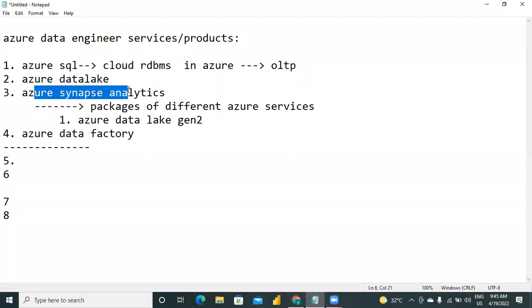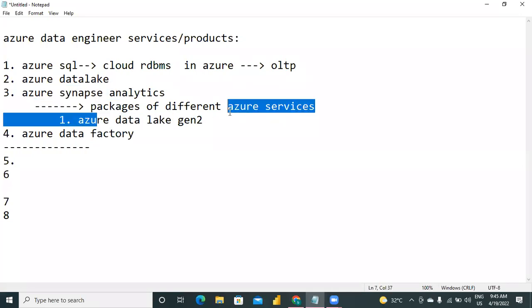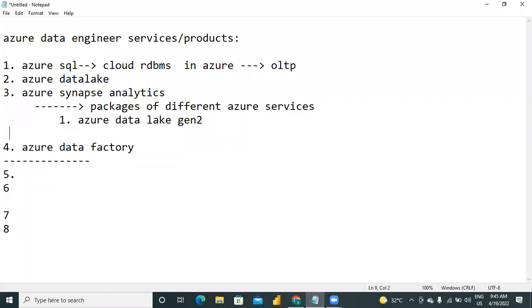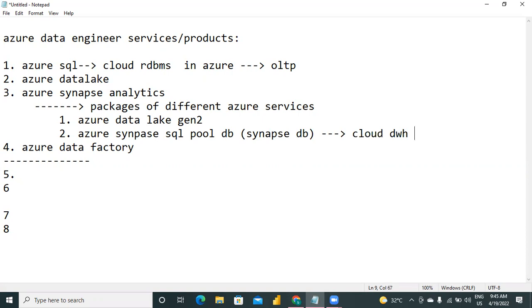Whenever I create a Synapse Analytics resource, the Gen 2 storage account will be available to me automatically. The second thing is Azure Synapse SQL Pool DB, in short Synapse DB. This is your cloud data warehouse, also in the category of RDBMS database.